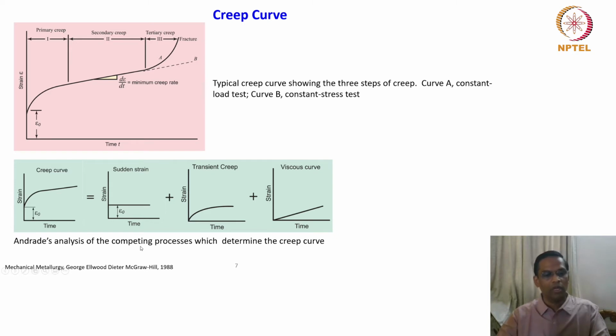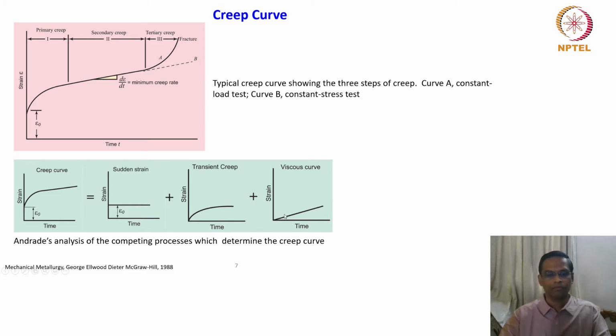Andrade's analysis of competing processes determines the creep curve. Andrade analyzed the creep curve under constant stress, and he decomposed it into 3 components. One is a sudden strain, that is the instantaneous strain, plus the transient region, where the creep rate suddenly decreases and then reaches the steady state, plus a constant rate viscous creep.